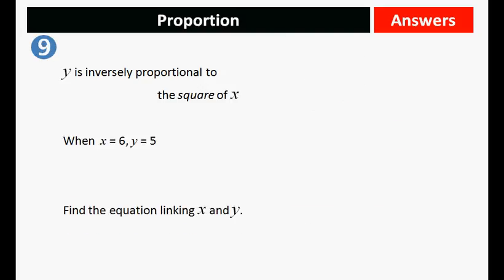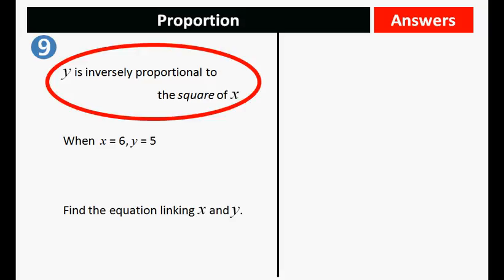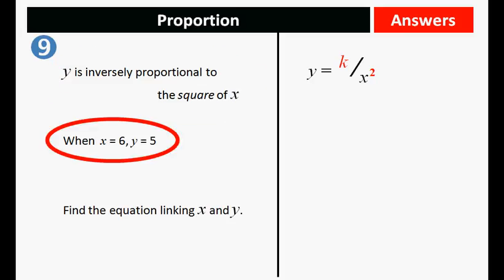Now, question 9. Y is inversely proportional to the square of x. So it's y equals something divided by x squared. When x is 6, y is 5. So let's put those two values in. So 5 equals something divided by 6 squared.